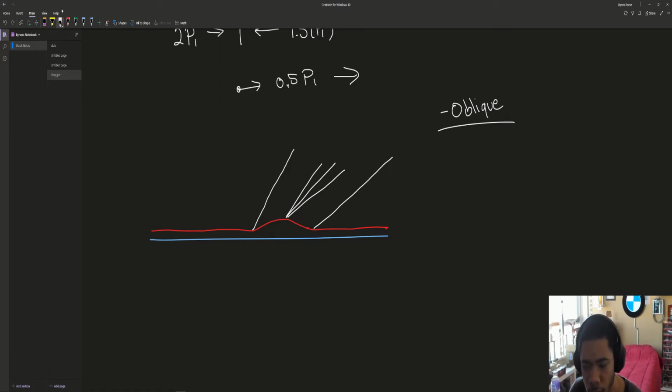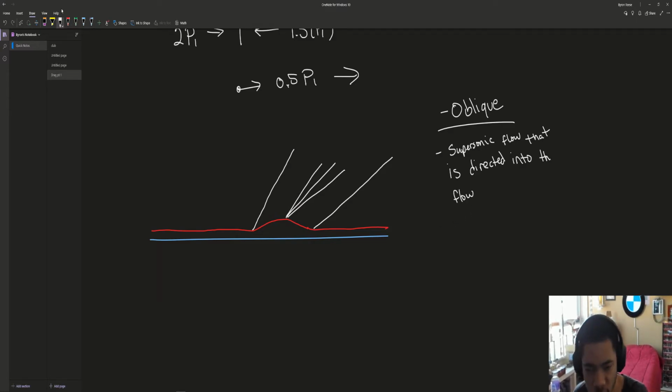Now an oblique shock is supersonic flow that is directed into the flow or itself.